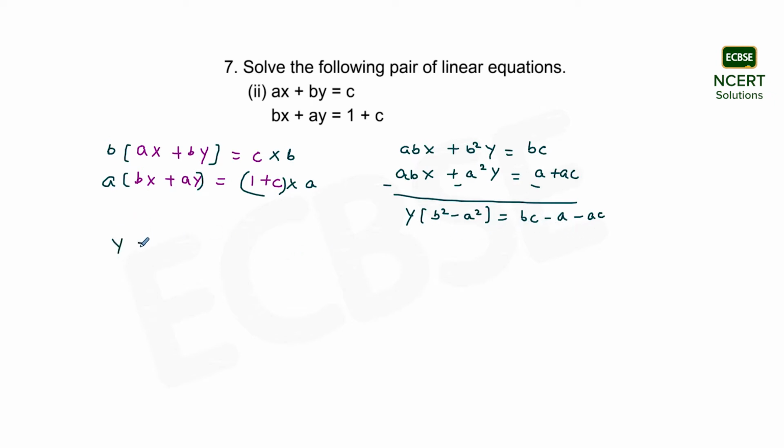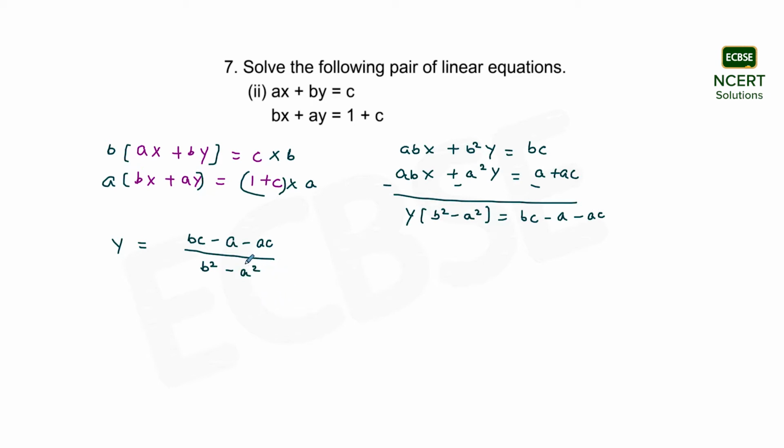From here, y can be obtained as bc minus a minus ac divided by, taking this term to the right hand side, it will be in the denominator, b square minus a square.